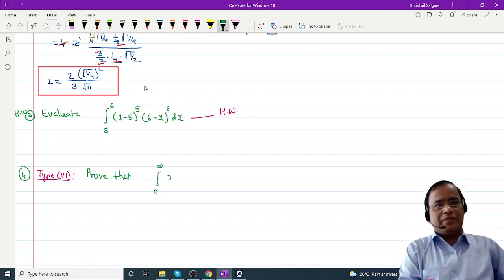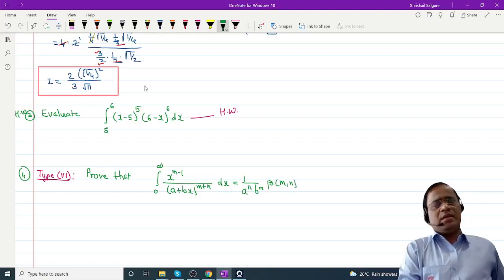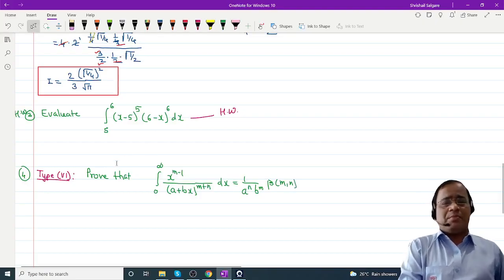Integral from 0 to infinity of x raised to m minus 1 divided by (a plus bx) raised to m plus n dx is given by 1 upon a raised to n, b raised to m into beta of m, n. Okay, so for all these types you have to remember the substitution properly.